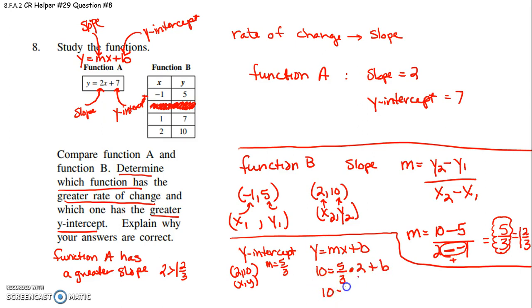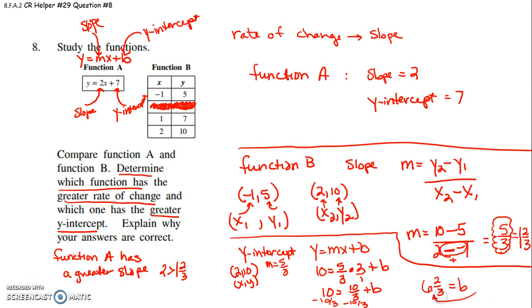So that's 10 equals, oh gosh, that's 2 over 1. 5 times 2 is 10/3, plus b. To get b by itself, I'll have to subtract 10/3 on each side. So 10 minus 10/3 on your calculator. I'll tell you what, 10/3 is the same as 3 1/3. So I'm pretty sure the b here is 6 2/3. Use your calculator to support you.